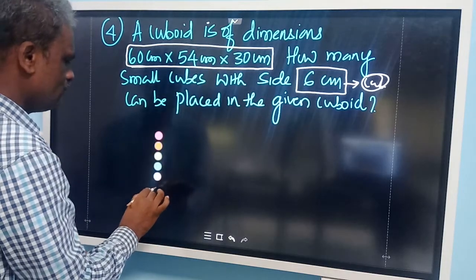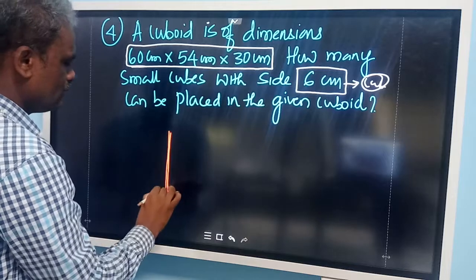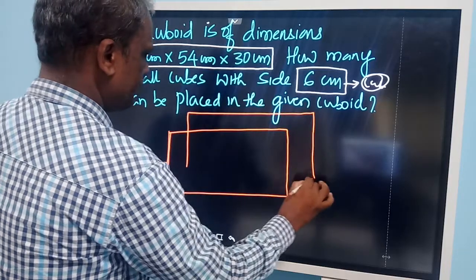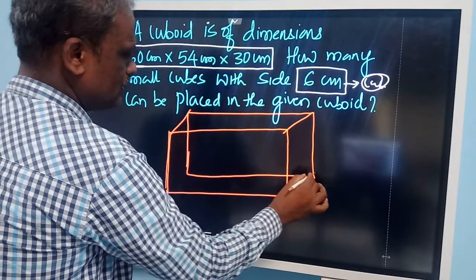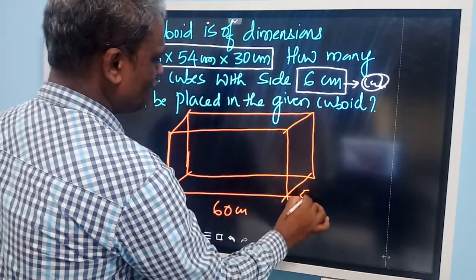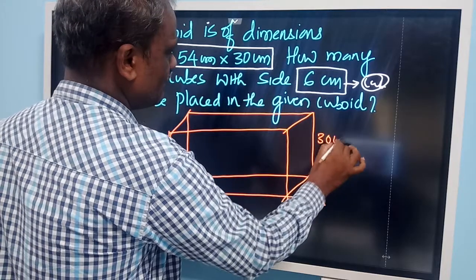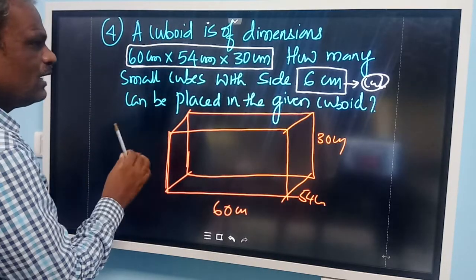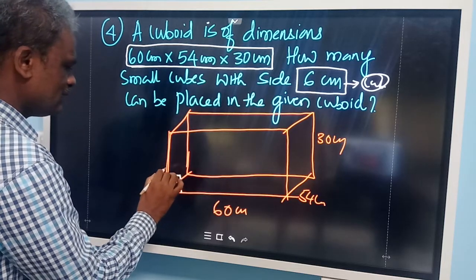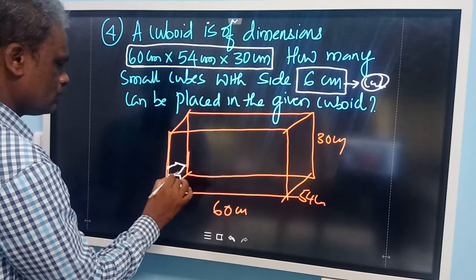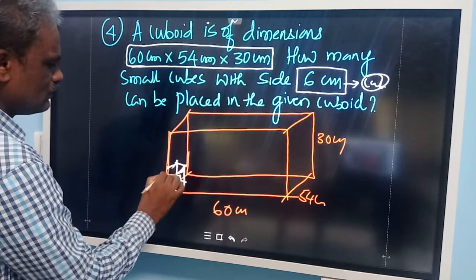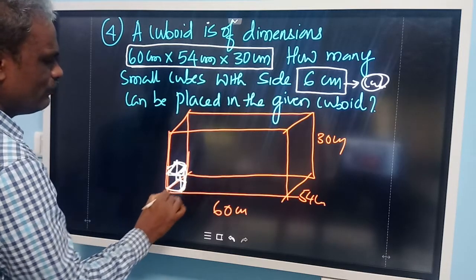If I draw the diagram, it will be like this. A cuboid, so you can take a larger cuboid like this. Inside, the dimensions are given: length is 60 centimeter, breadth is 54 centimeter, and the height is 30 centimeter. Now inside this cuboid, I have to place small cubes of dimensions 6 by 6 by 6.